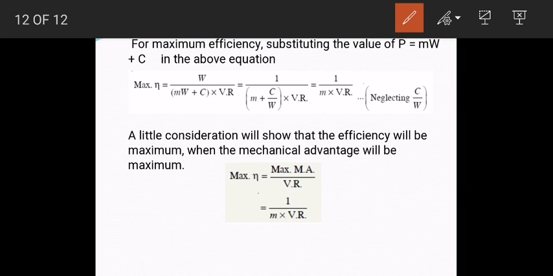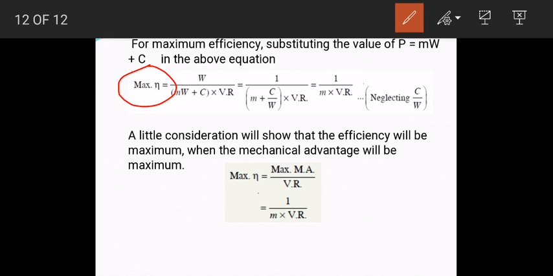The same maximum efficiency we can also find by using the maximum mechanical advantage. This is the second method of finding the maximum efficiency.